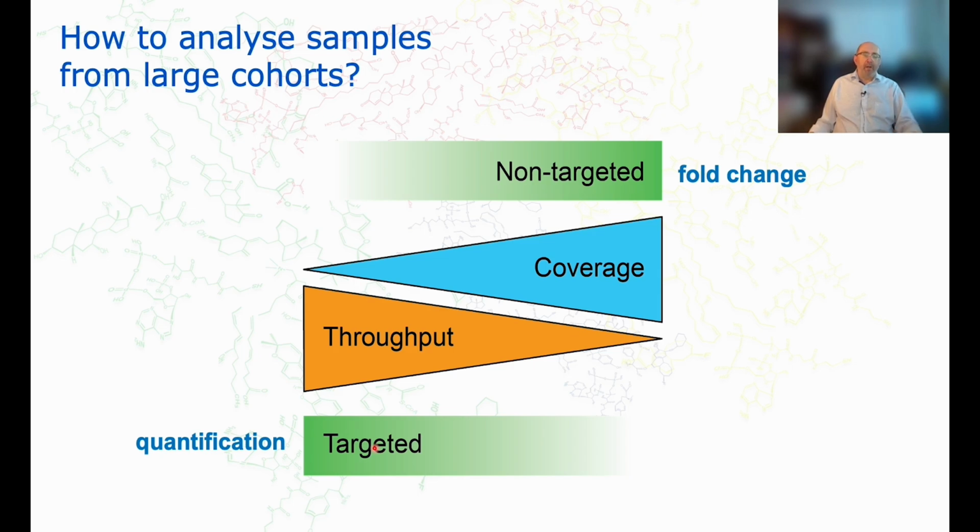The other issue here is that non-targeted metabolomics will have a large coverage but lower throughput compared to targeted. However, at present it's very clear that this is in a state of convergence, that we have already several well-known metabolomic approaches on the market which are covering 600 or even 1000 metabolites or even more. So the coverage is getting closer and closer, whereas the throughput is definitely the advantage of quantifying or targeted metabolomics.